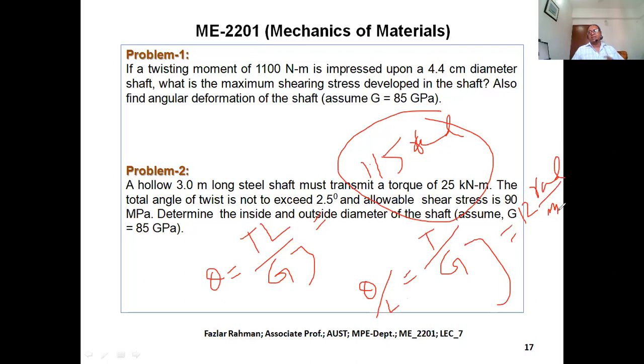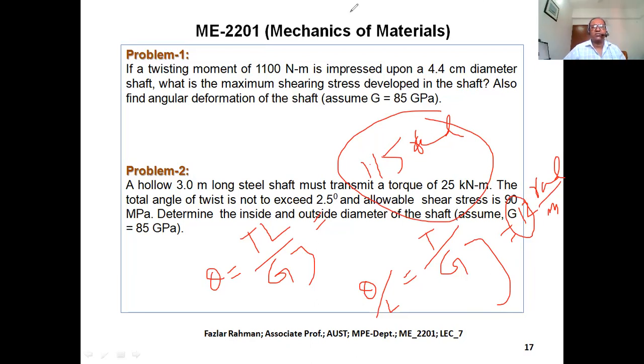That means if the shaft length is 1 meter, the angular deformation will be 12. If the shaft is 20 millimeter, then the angular deformation will be this one times 20. You got it? Yes, sir. Okay, so this way you need to solve it.